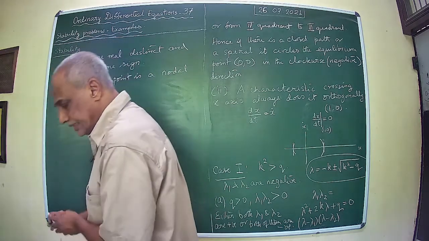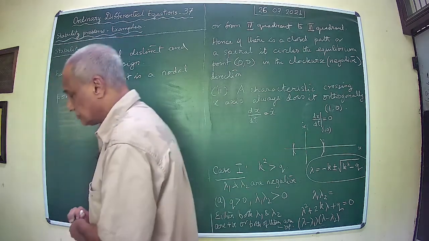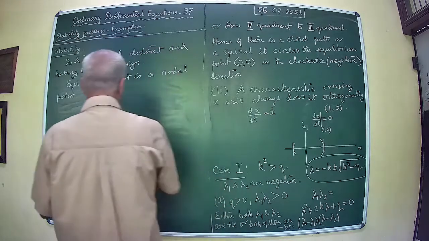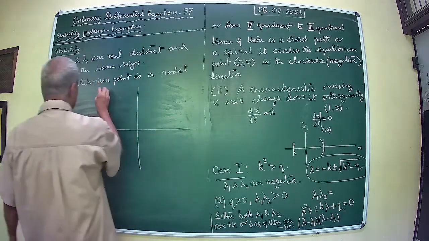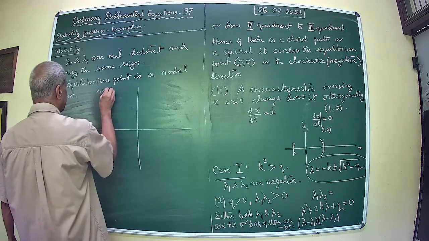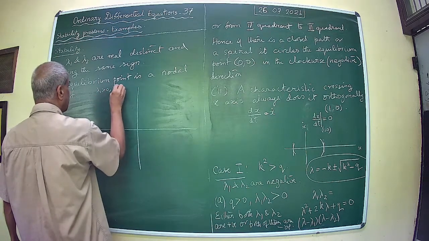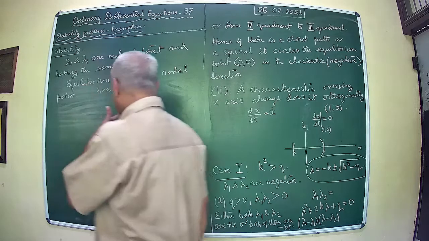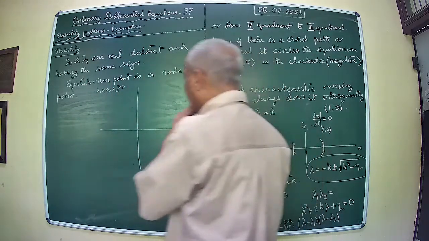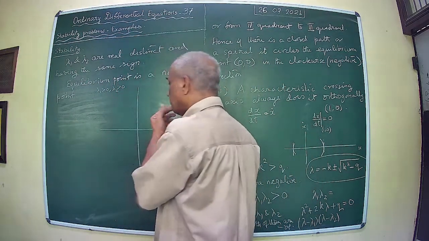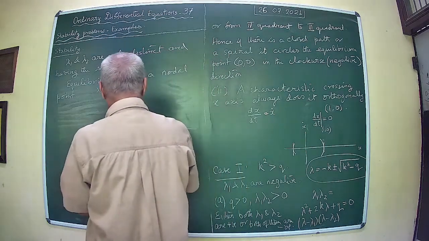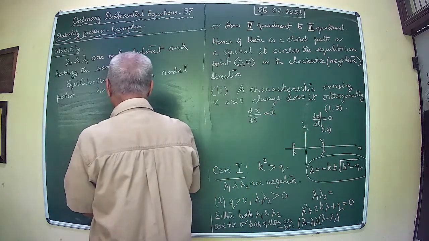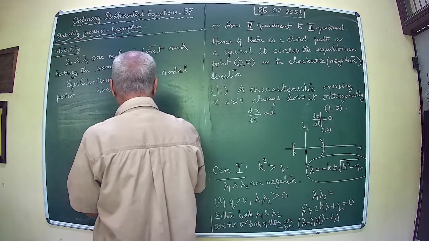Then we can also say something more about this. What happens? Suppose you have lambda 1 positive, lambda 2 positive. Then the corresponding eigenvectors, where will you find them? They have to be along this direction, in the first quadrant or the third quadrant.